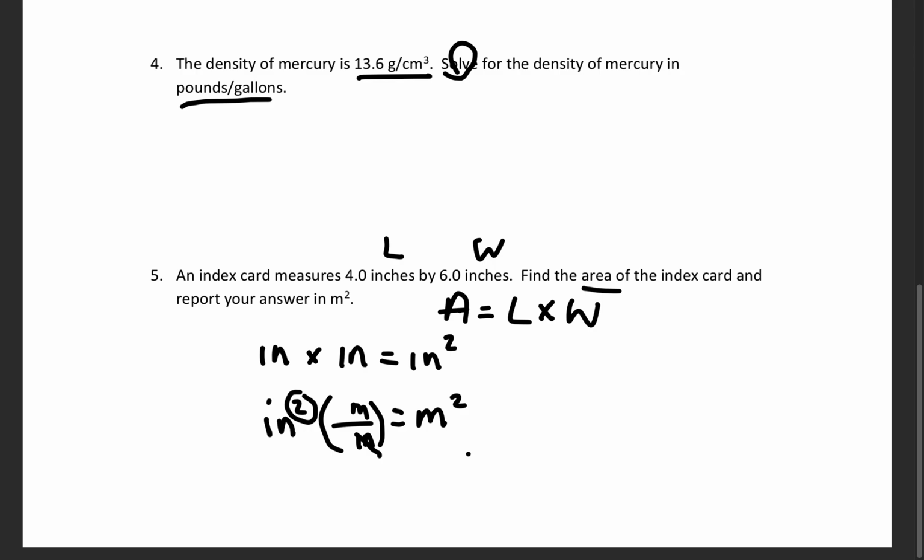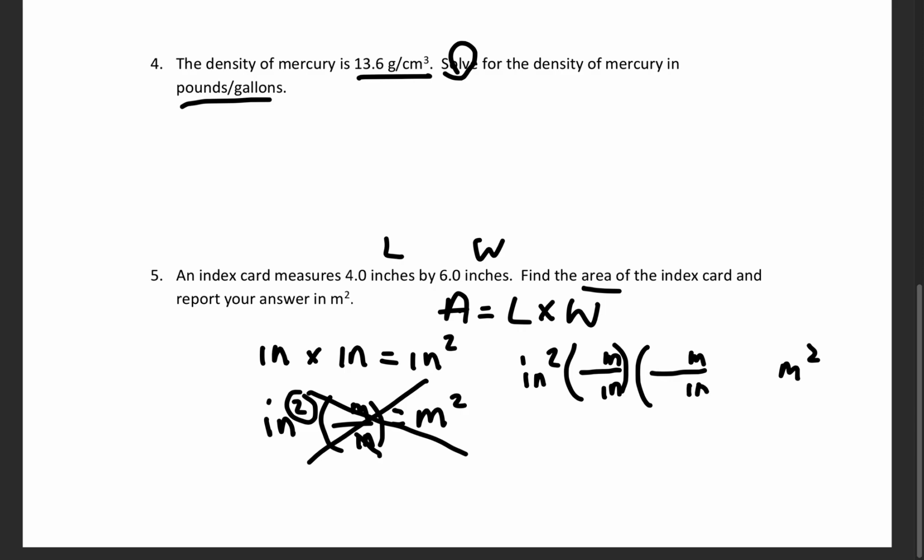So this is not correct. If you want to go from inches squared to meters squared, you have to do this conversion twice. Because the first one will cancel out the square and the second one will cancel out your normal one. And then meters times meters is meters squared.